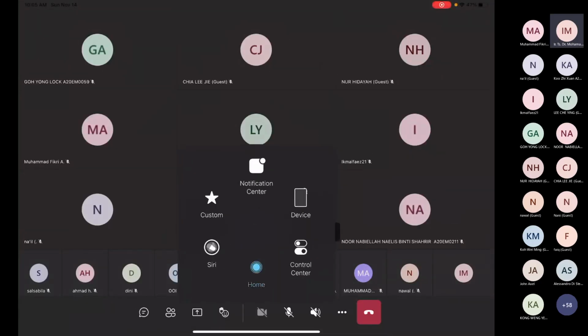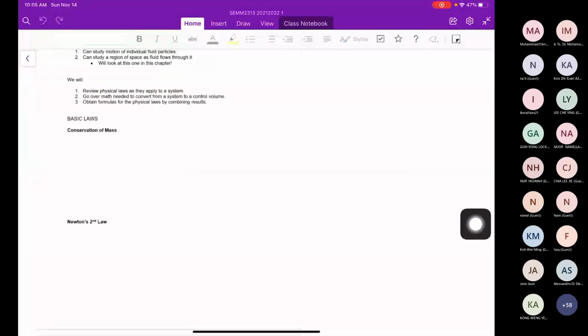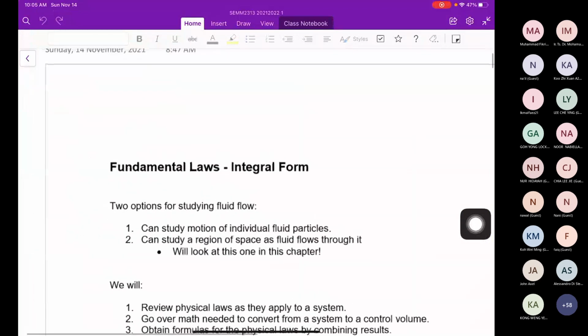Okay. Now? So I believe you can see, right? Fundamental law integral form. Can you? Yes, doktor. Thank you. All right, thank you.